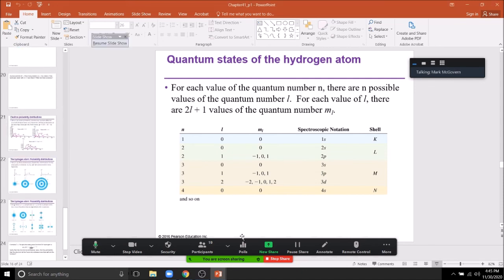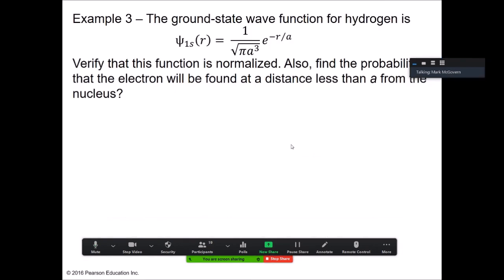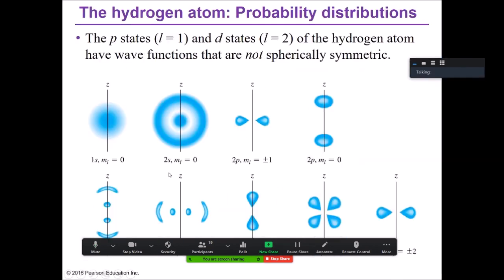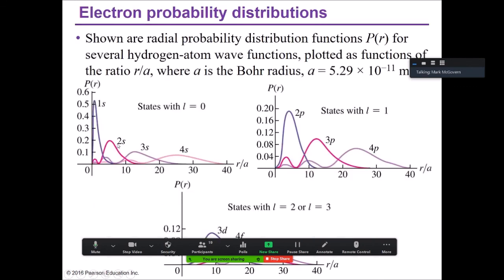What's the probability distribution here? So here's our probability function. This purple line represents what's going on with the L equals 0 state.